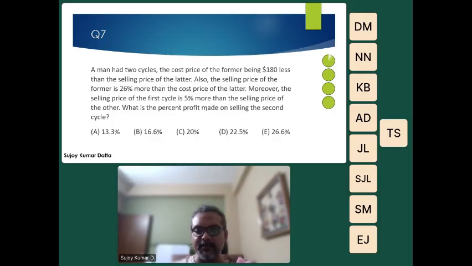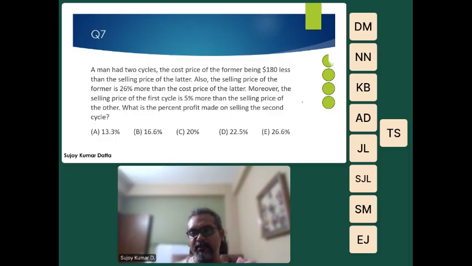Always when you are solving questions like this, rather than writing values scattered haphazardly, you try to arrange or make a table, or make a visual representation. For example, we have two items and we are looking at the cost price and selling price, and there is some relationship between them, right?